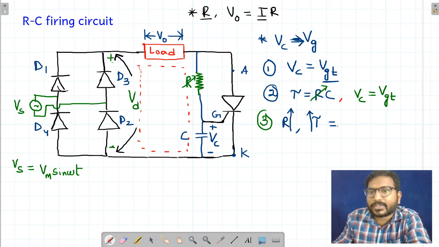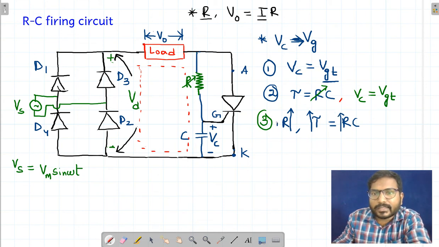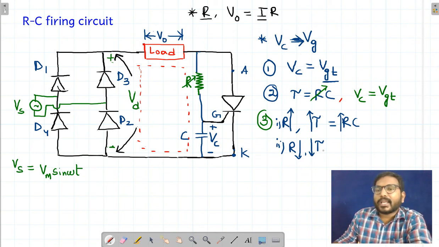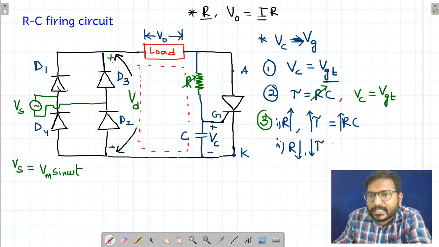The time constant to charge the capacitor is more because R is more. This is the first case. And the second case is when R is less. When R is less, what is the tau value? The time taken to charge the capacitor is less because R is less.